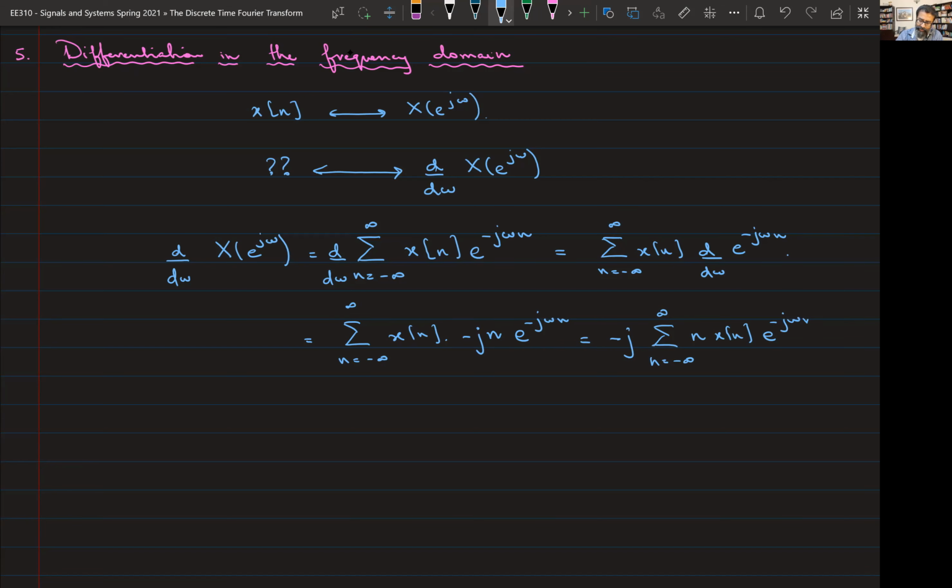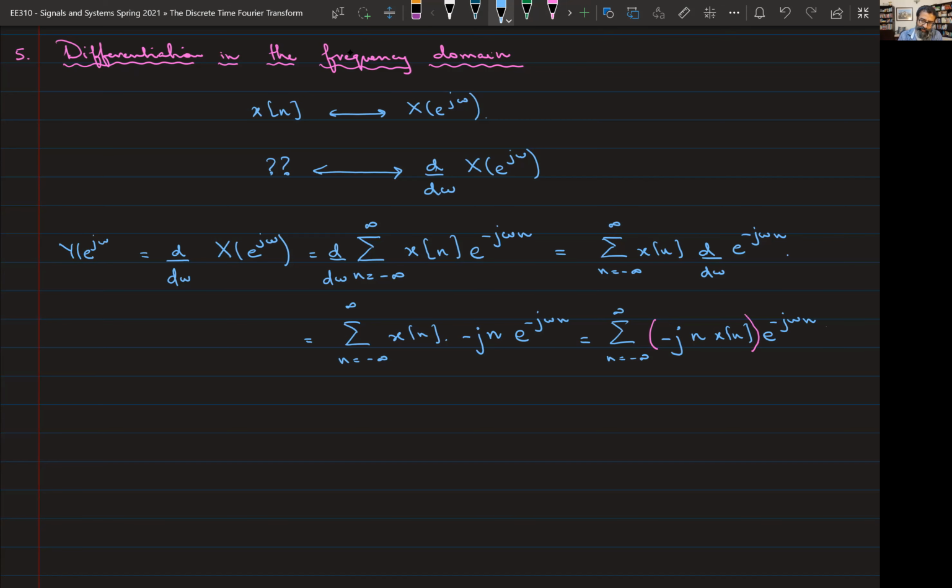So from here, let me put the j inside so that I can make a point. So this is the summation n going from minus infinity to plus infinity, and this is minus j. If I collect these terms together, on the left-hand side I have something which is a function of frequency, let's say Y of e raised to j omega.